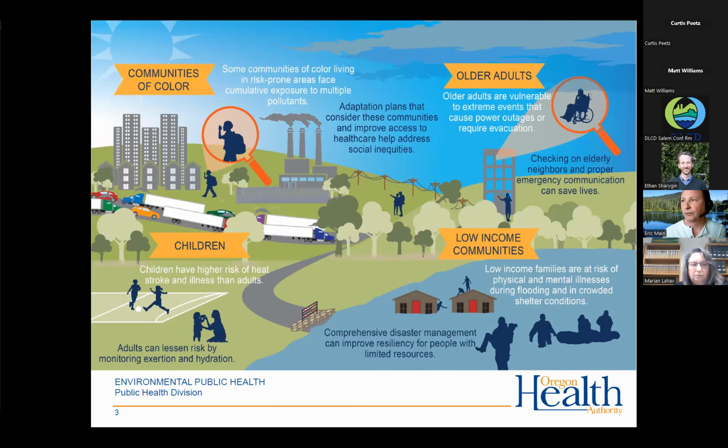As we move over to the right, you'll see that older populations often suffer from social isolation. And then down below, as we saw from natural hazards like wildfires and heat events, low-income families are at risk from physical and mental illnesses for natural hazards related to things like crowded shelter conditions. Not only that, but also the trauma that occurs during those events. Next slide, please.